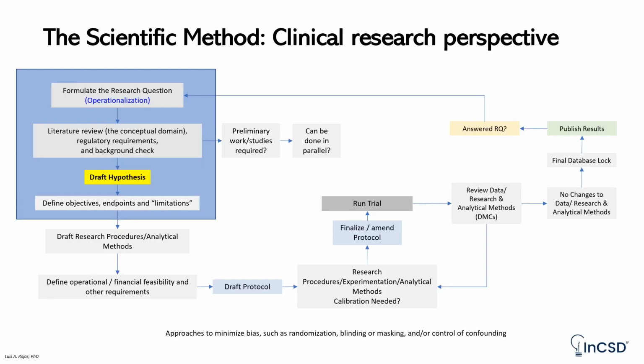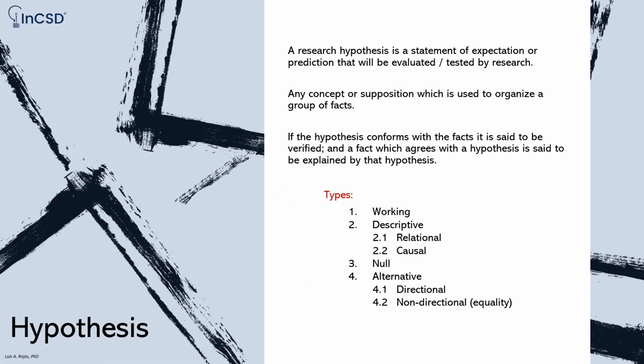Moving back to the scientific method from a clinical research perspective, let's go over drafting, formulating the study hypothesis. So, what is a hypothesis? A research hypothesis is a statement of expectation or prediction that will be evaluated, probably tested, once the data is collected and analyzed using validated processes and predefined plans by a group of qualified people.